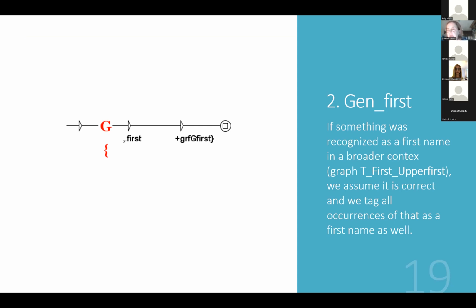That's what this graph does. It generalizes the words, let's call them that way, it's the easiest way at this point, that were already recognized as first names. So everything else that's the same word will be tagged as a first name also.